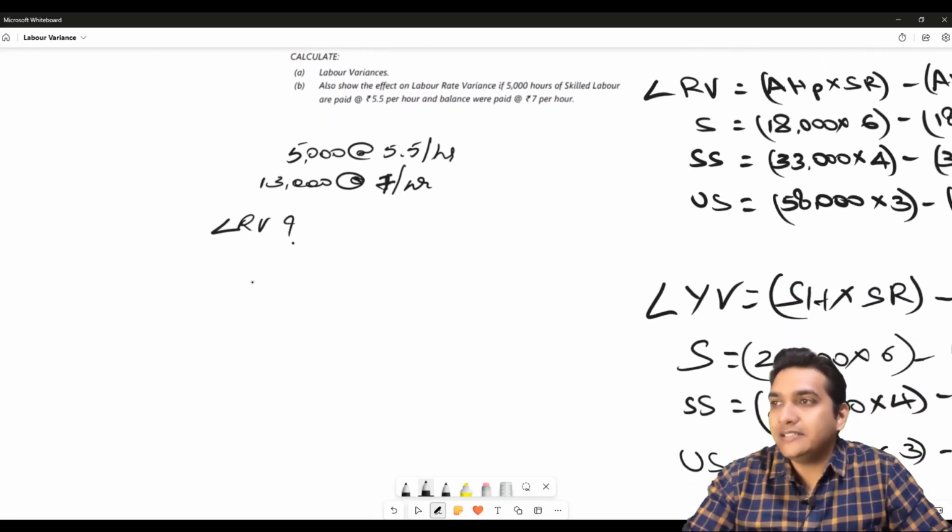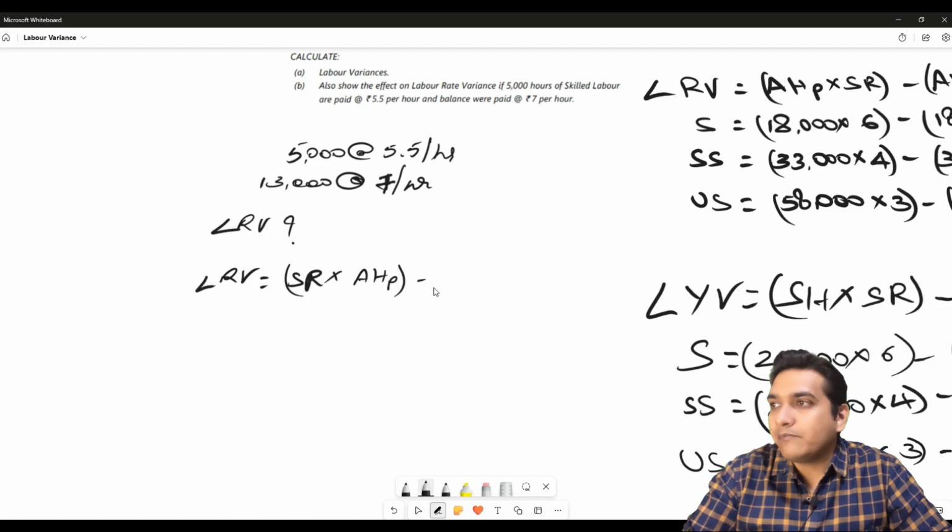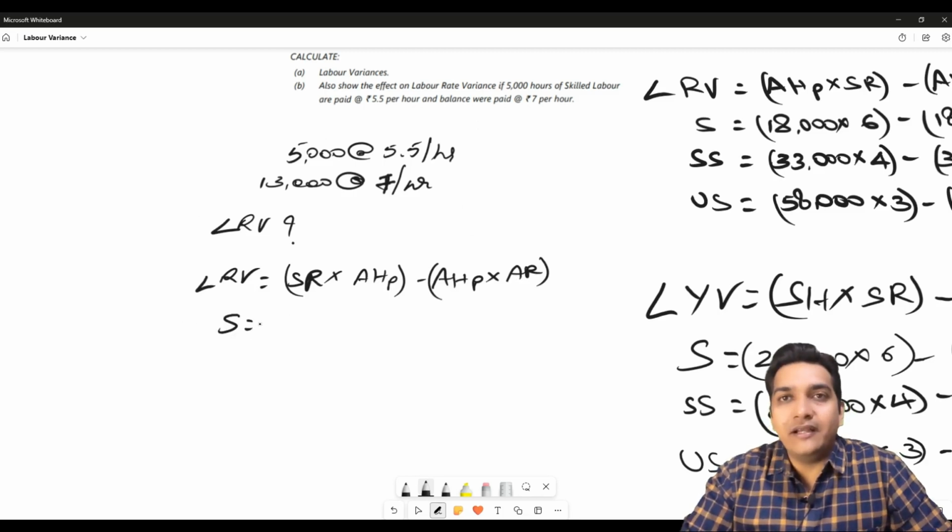How we will do this is, again, we can write the formula: labor rate variance is equal to standard rate into actual hours paid minus actual hours paid into actual rate. So coming to skilled, we will divide it in two parts.